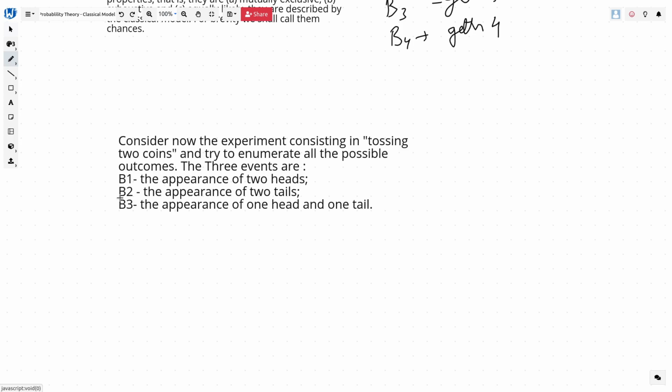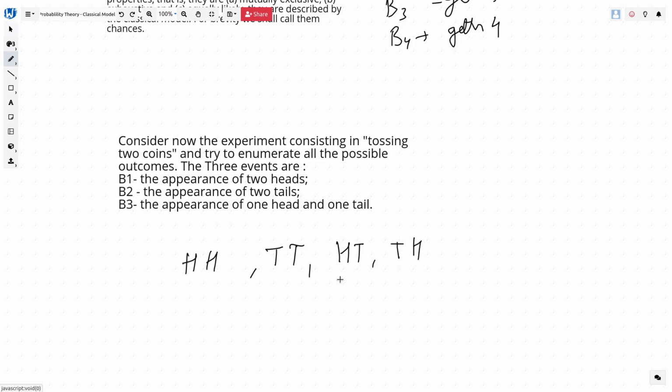We define B1, B2 and B3 as follows. B1 is the appearance of two heads, so it is possible that both heads will appear together. Then B2 is the appearance of two tails. Then B3 is the appearance of one head and one tail, right? One head, one tail, or in this case also the first coin will get tail and the second coin will get head.